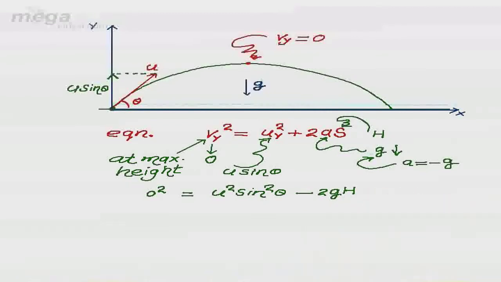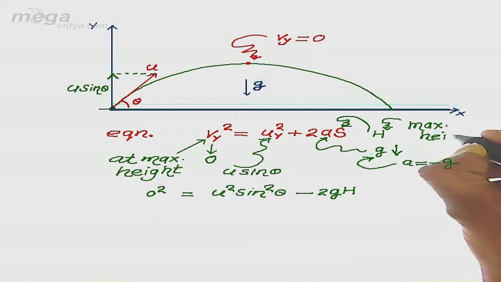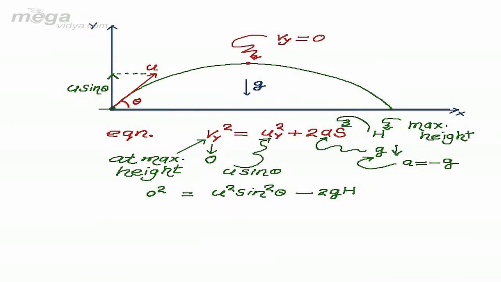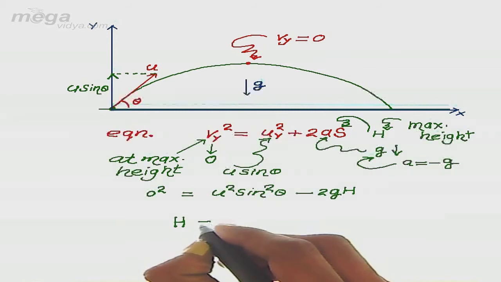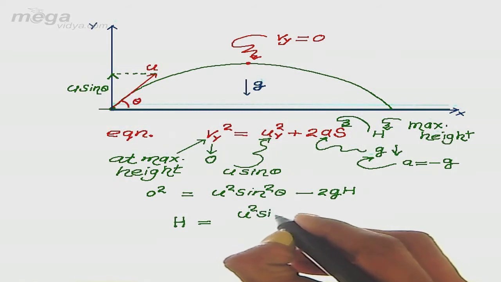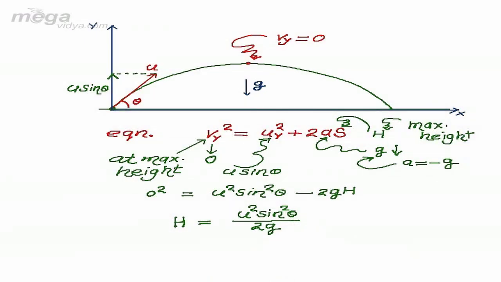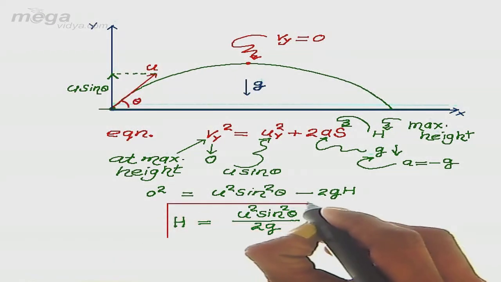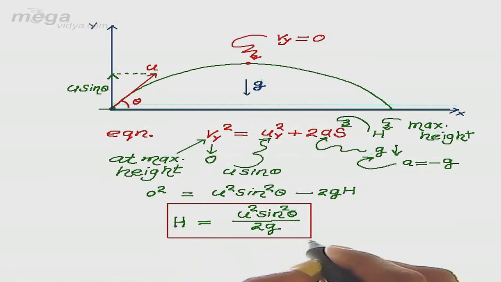Here h is the maximum height of the projectile. By using this equation, a very simple result comes out, which can be written as u square sine square theta divided by 2g. This is the required result for the so-called maximum height attained by this projectile.